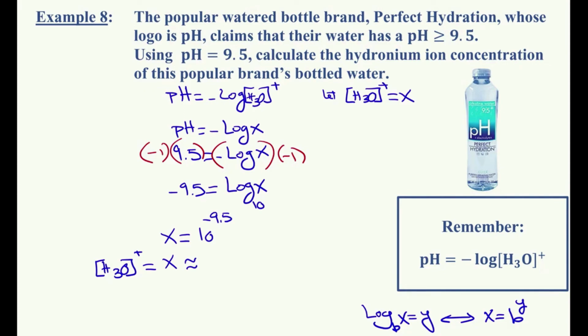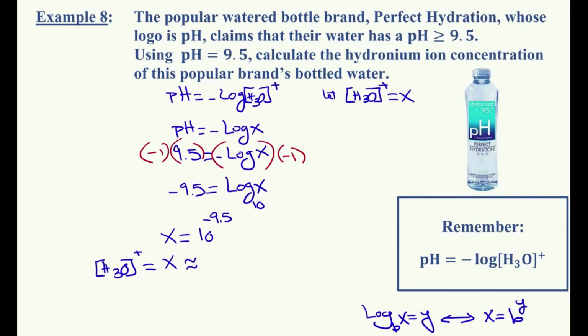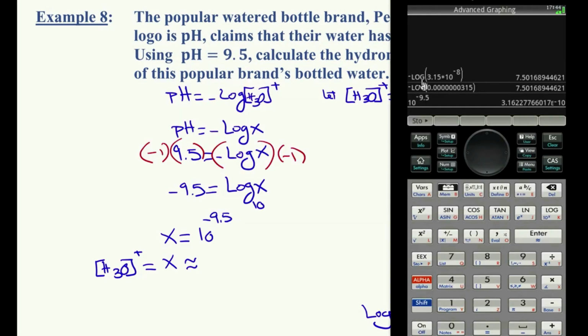So we'll go ahead and utilize the help of a calculator. So we're going to type in 10 to the power of -9.5. Now we hit enter, and there we have it. So here we can go to 4 places, for instance. So 3.16. We can even usually round those to 2 decimal places. That's good enough.